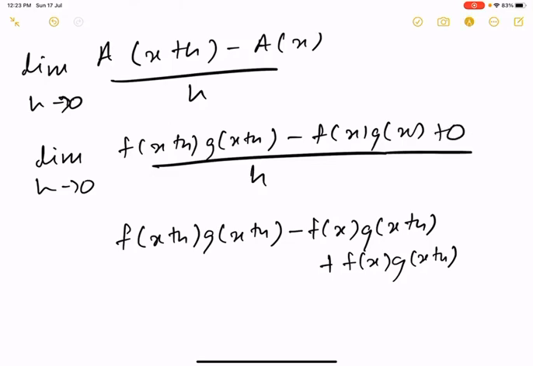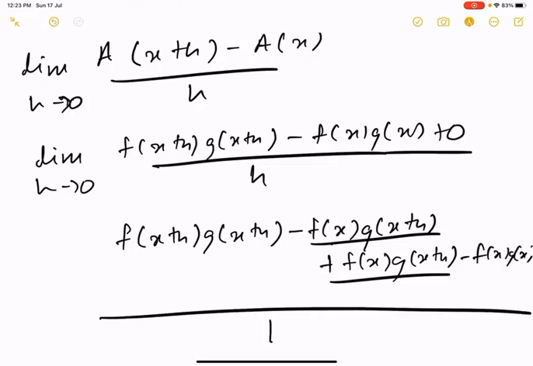Your answer is not going to change. Any number plus 0 is going to be the same number. Now what is this? Minus f of x g of x plus h, and this you're adding, negative plus, it just becomes 0. Then finally I'm having minus f of x g of x, and the whole is divided with h.